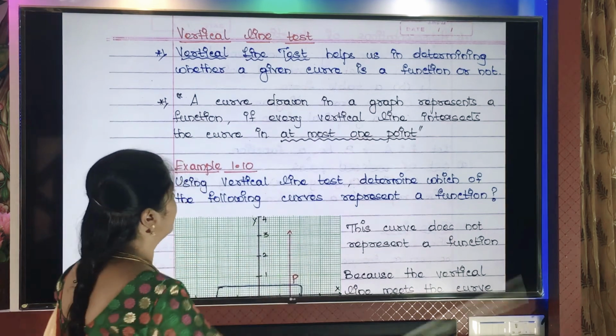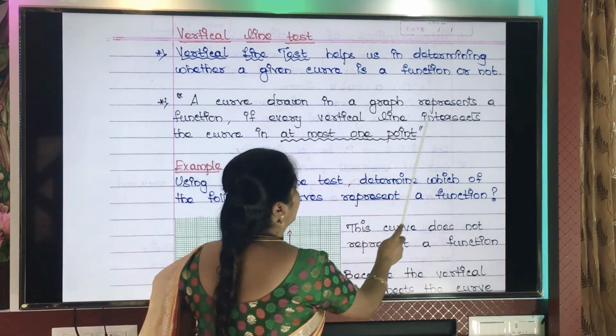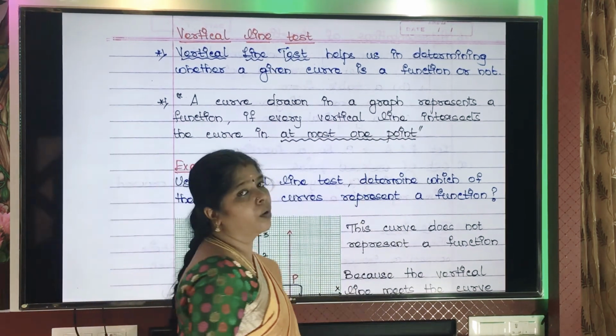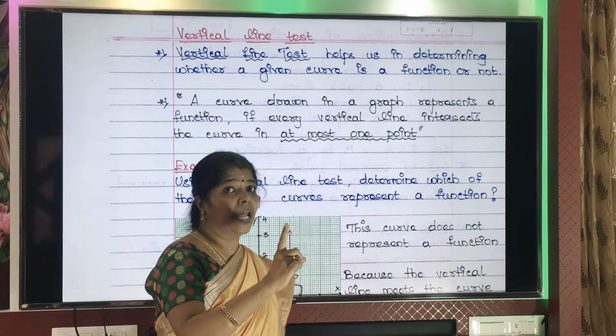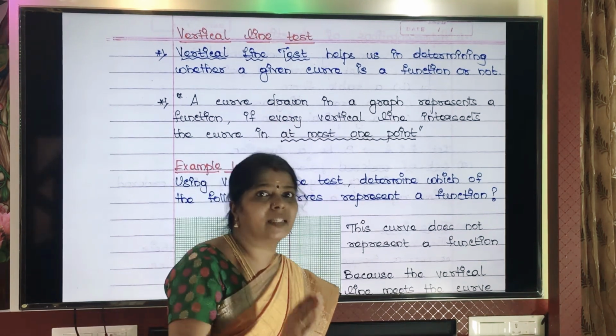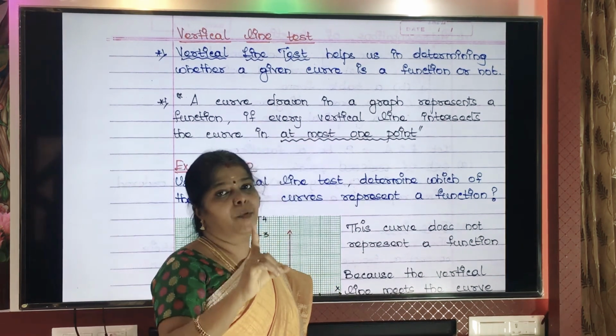That is the point. If every vertical line intersects the curve in at most one point, that vertical line should cut the graph at most one point.